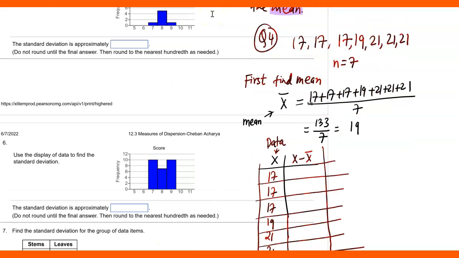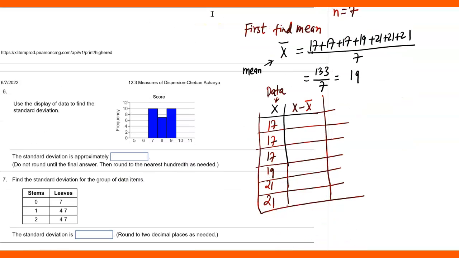Let's find the deviation for each data item. What is 17 minus 19? Negative 2. 17 minus 19, negative 2. 17 minus 19, negative 2. 19 minus 19, 0. 21 minus 19, 2.